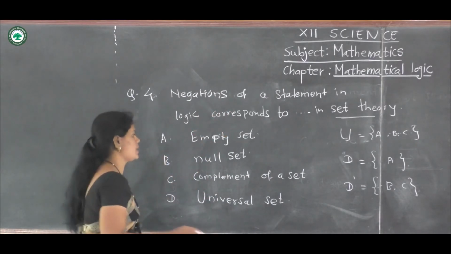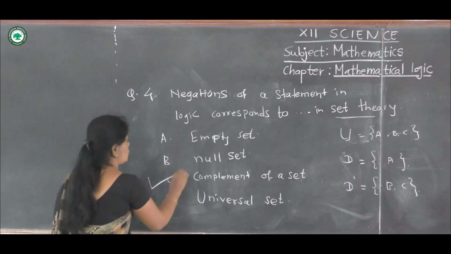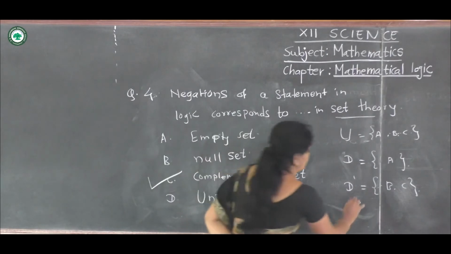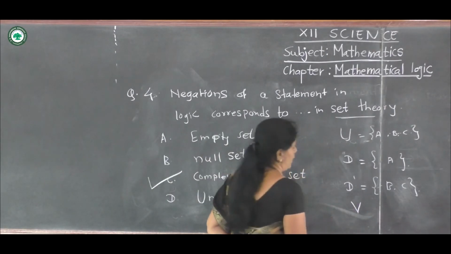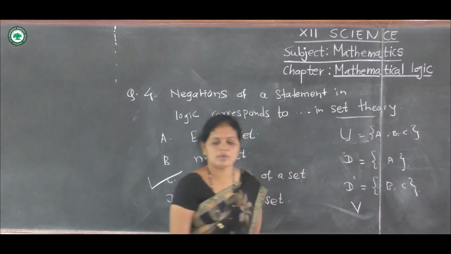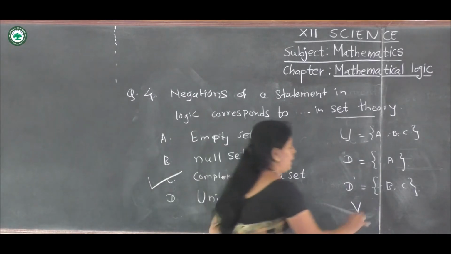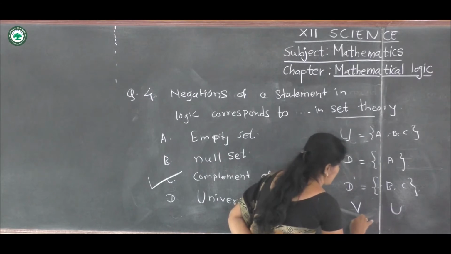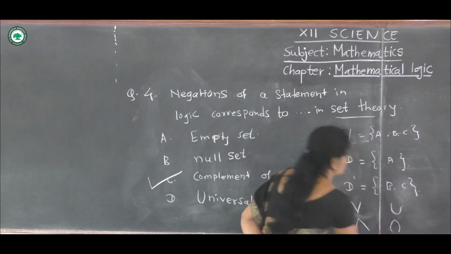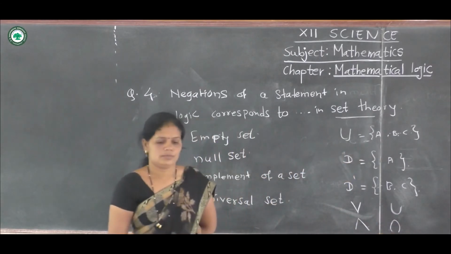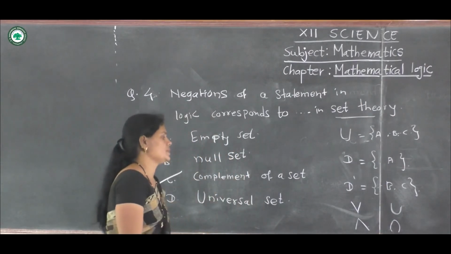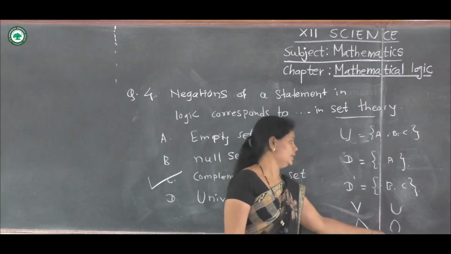In set theory, negation means complement of a set. And means intersection, or means union of sets.